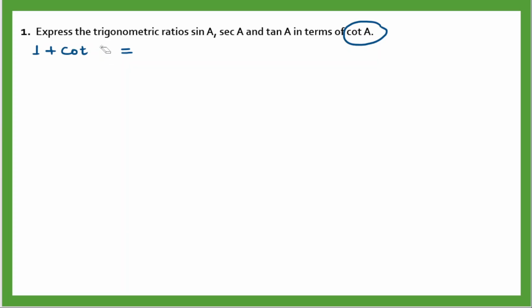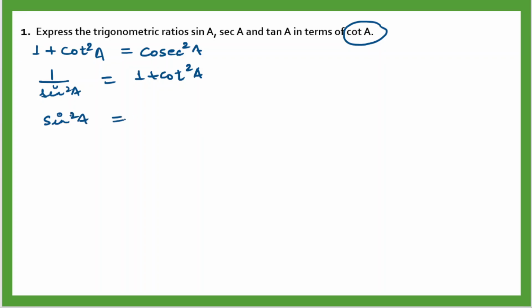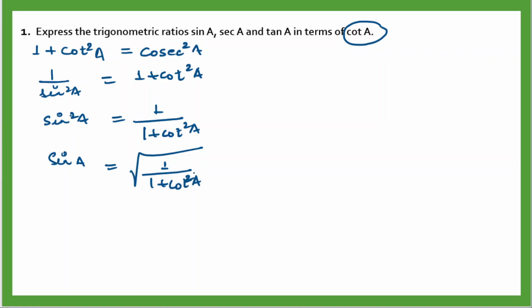Here it is given A, so 1 plus cot square A is equal to cosec square A. And we know that cosec square A is 1 upon sin square A, which is equal to 1 plus cot square A. So sin square A is equal to 1 upon 1 plus cot square A. So you can write sin A is equal to under root of 1 divided by 1 plus cot square A. Okay. Any doubt till now?